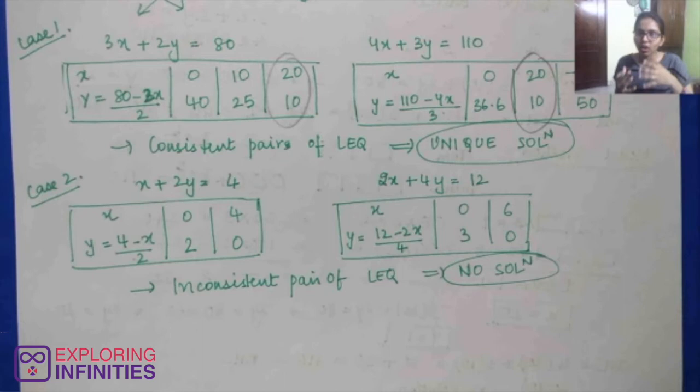If I put x as 0, I get y as 3, and if I put y as 0, I get x as 4.5. So I have the table for my first equation. For my second equation, if I put x as 0, I get y as 3. If I put y as probably 1, I get my x to be 3. So I again get my pair of tables for my linear equations.